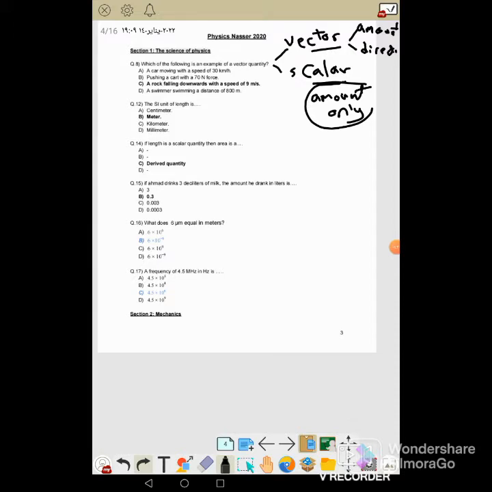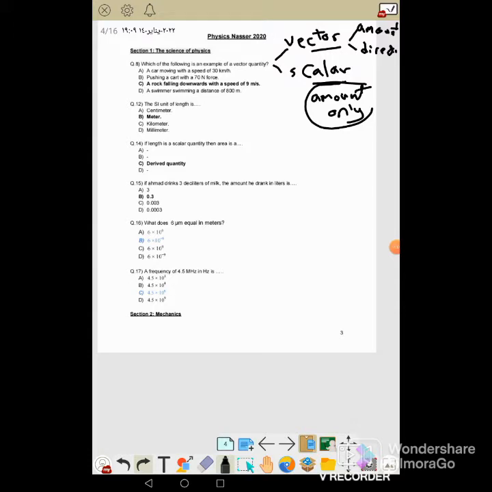A. A car moving with a speed of 30 km per hour. B. Pushing a car with 70 Newton force. C. Rock falling downwards with a speed of 9 meters per second. D. Swimmer swimming a distance of 800 meters.